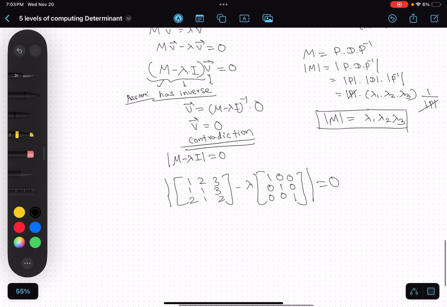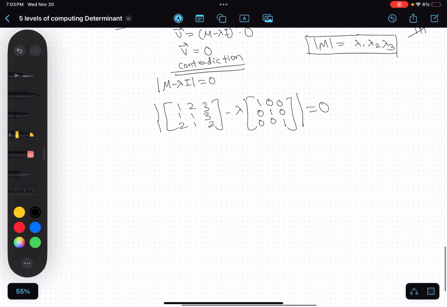And we know that this needs to be 0. Now I can multiply by lambda and subtract the two matrices. So this is 1 minus lambda, 2, 3; 0; this will again be 1 minus lambda, 3; 2, 1, 2 minus lambda, right?